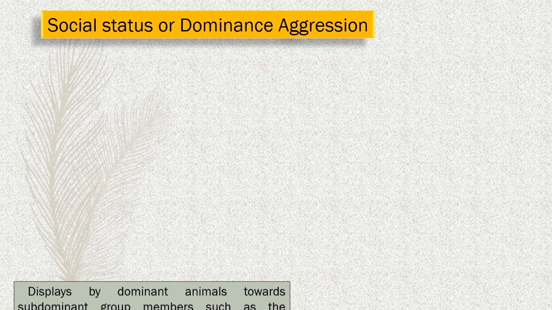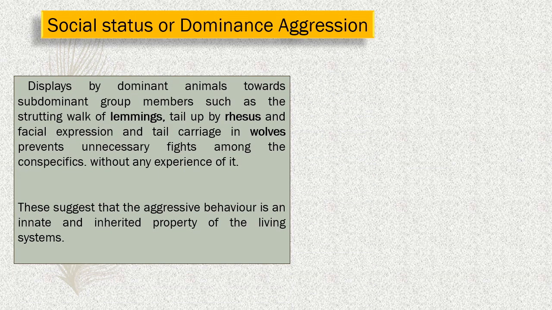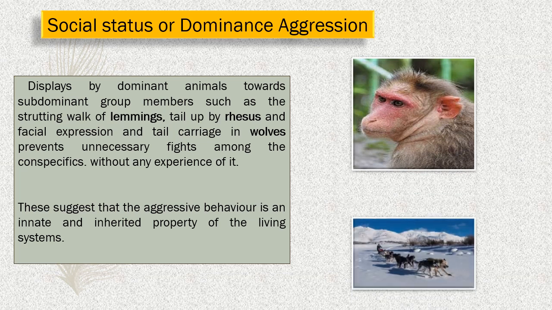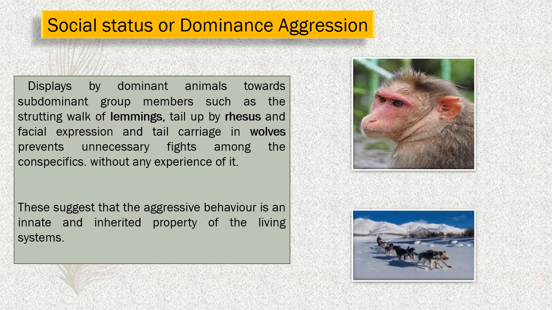Dominance aggression. Displays by dominant animals towards subdominant group members, such as the strutting walk of lemmings, tail up by rhesus, and facial expression and tail carriage in wolves, prevent unnecessary fights among the conspecifics.